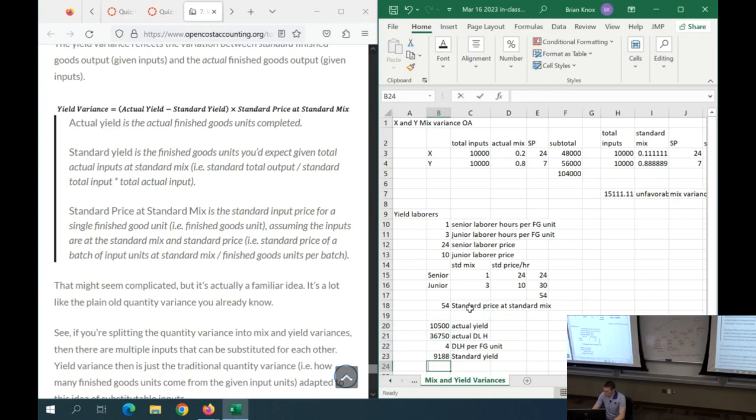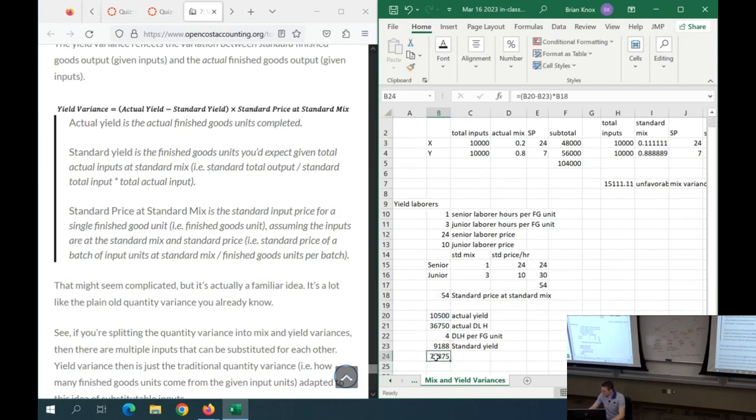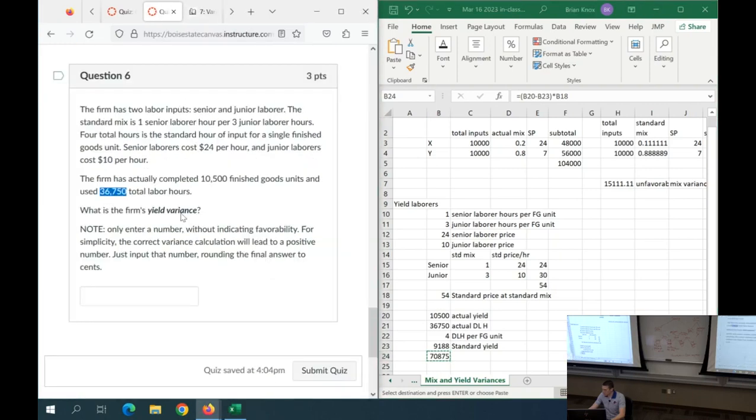So take actual yield minus the standard yield. Oh, let's put parentheses. Times the standard price at standard mix. Like it says, actual yield minus standard yield, all times standard price at standard mix. And that should be our yield variance in that question. Now, it's not asking us for favorability.